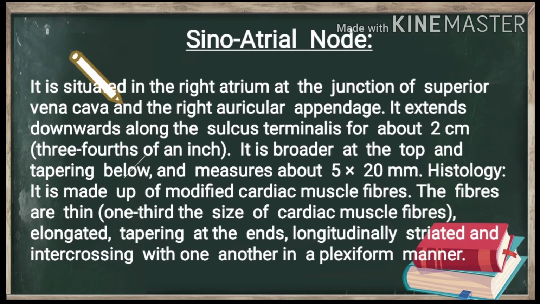It is broader at the top and tapering below and measures about 5 by 20 mm. Histology: it is made up of modified cardiac muscle fibers. The fibers are thin, elongated, tapering at the ends, longitudinally striated and intercrossing with one another in a plexiform manner.